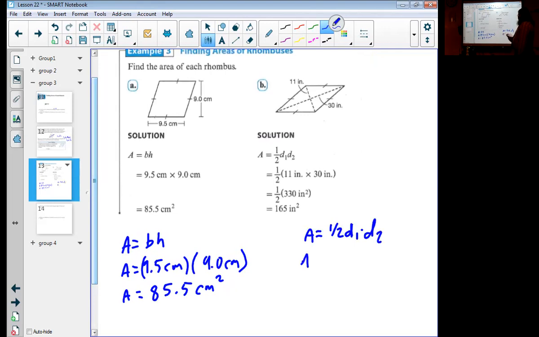A is equal to 1/2 of 11 inches times 30 inches. Half of 30, we can combine these. So 1/2 of 30 is 15. 15 times 11, A is equal to 165. And we have inches times inches, that is inches squared.